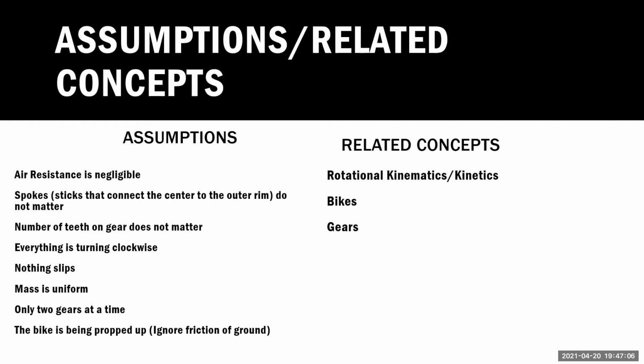Everything is turning clockwise, and nothing slips. The mass of the gears and tires are uniform. There's also only going to be 2 gears at a time in this as compared to the typical 3 or 4 of a mountain bike. And in order to ignore friction of the ground, we're going to assume Chandu is propping up the bike and testing the speeds. And then related concepts, we're going to be using rotational kinematics and kinetics, bikes, and gears.